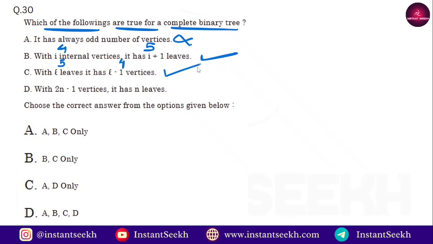So this is also a correct statement. With 2 raised to n minus 1 vertices, it has n leaves. This is wrong, incorrect. So your correct statements will be B and C. That is option B, your correct answer for this particular question. Let's move on to the next.